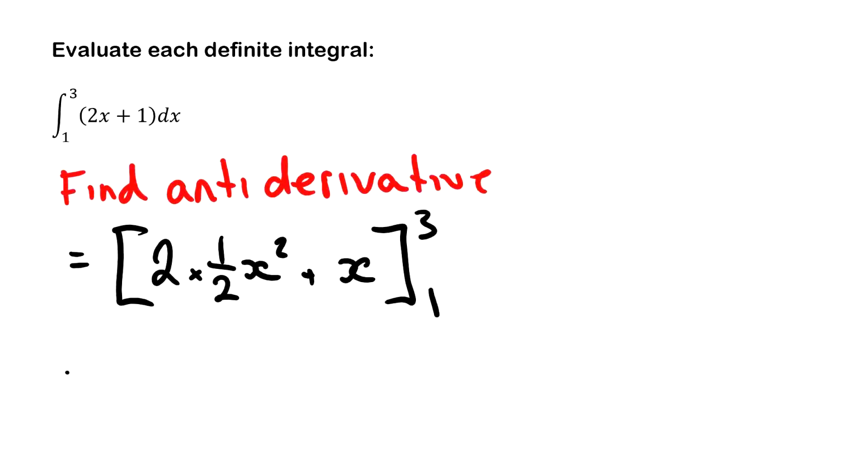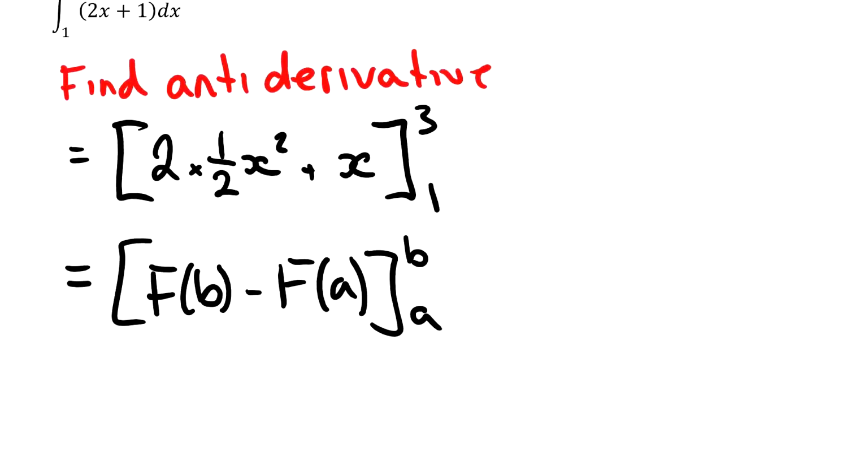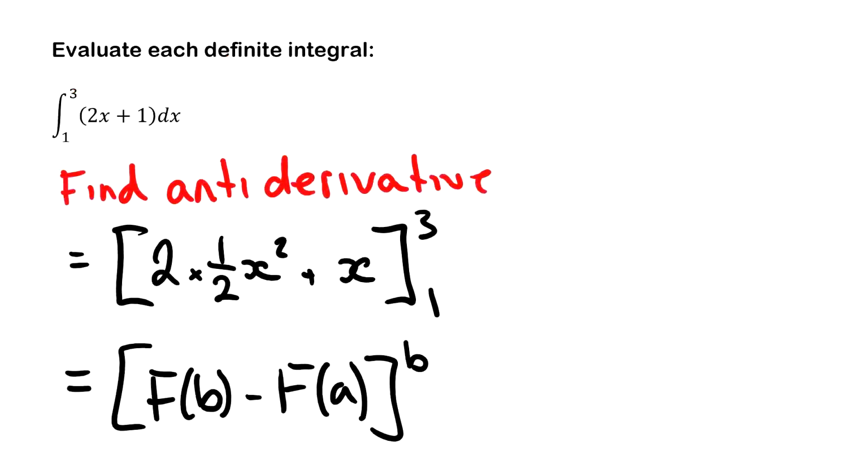All right. So now what we need to do is find our F(b) minus our F(a), where b is here and a is there. But before we do that, I'll actually simplify. Actually, let's do this.